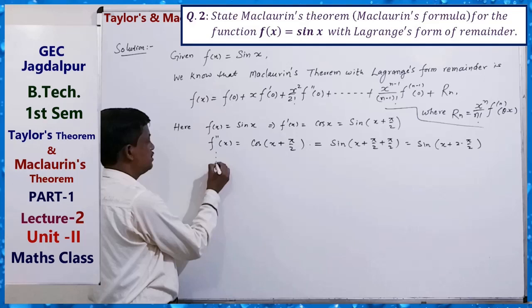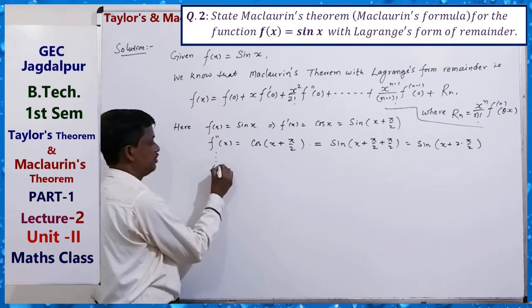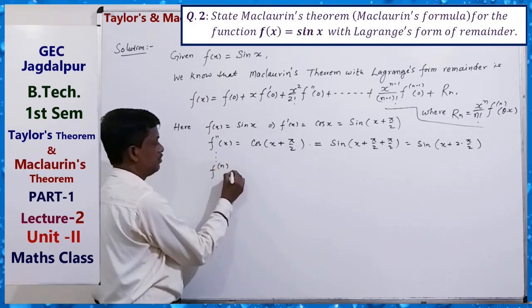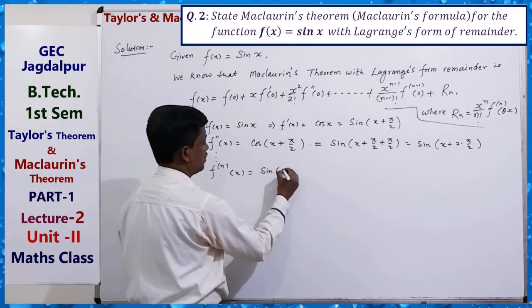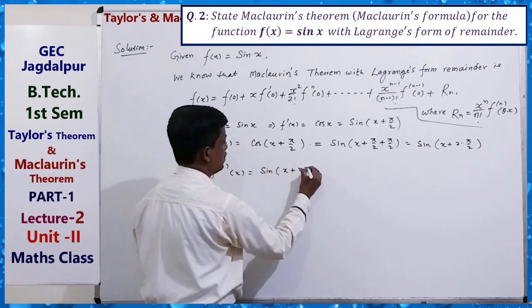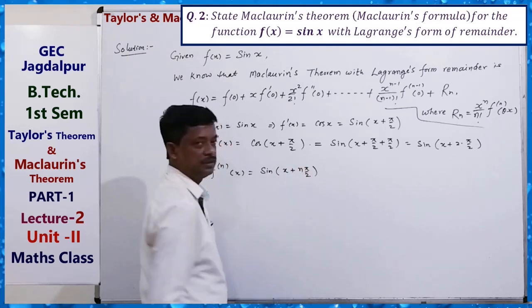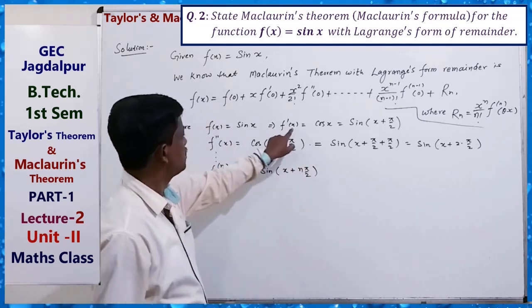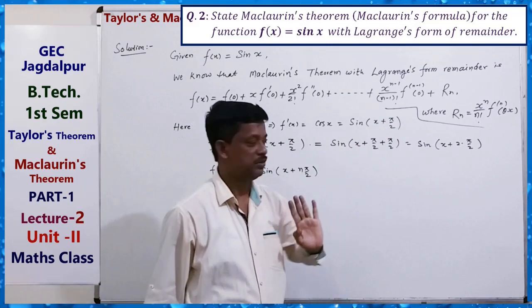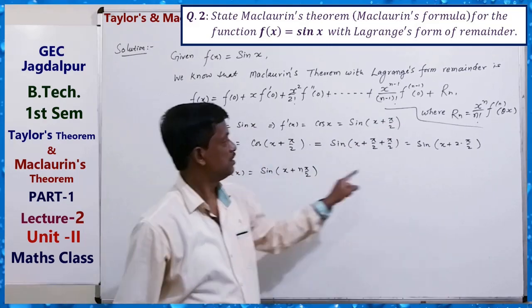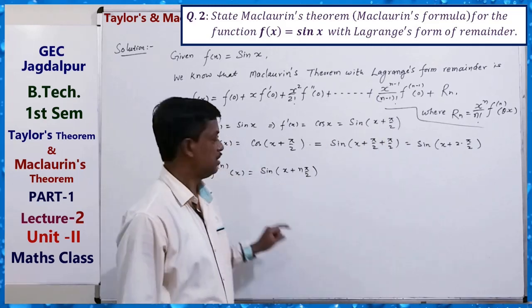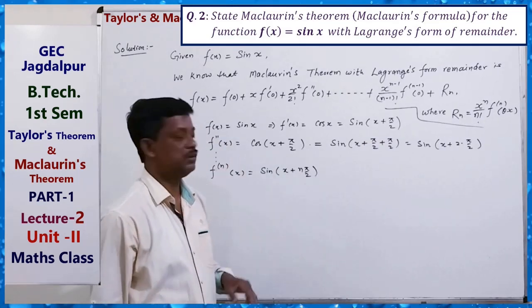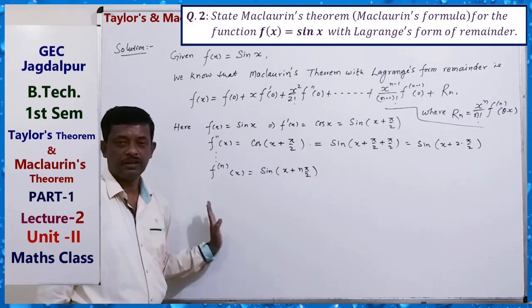Similarly, the nth derivative of f(x) equals sin of x plus n pi by 2. Because differentiating 1 time gives 1 pi by 2, 2 times gives 2 pi by 2, 3 times gives 3 pi by 2, n times gives n pi by 2. This is the nth derivative. Clear?